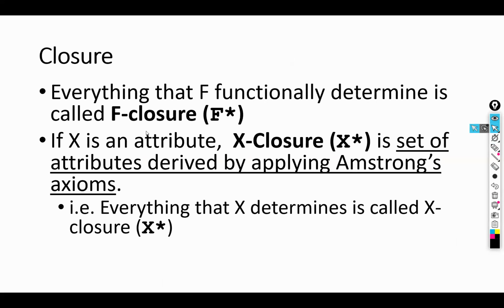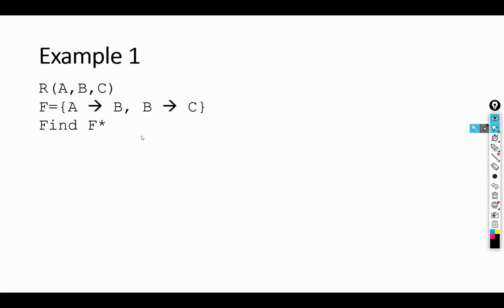Then we discussed how to find F closure and X closure. For example, if you are given a set of dependencies, you can find F closure. That means all the dependencies.